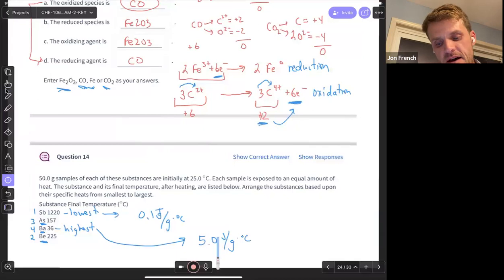Right, that means if I give this 5 joules of energy, I raise the temperature 1 degree Celsius. Whereas here, if I give this one 5 joules of energy, I'm going to raise the temperature 50 times. So this is going to raise the temperature 50 degrees Celsius because it has a lower specific heat. So less energy is going to go farther, right?